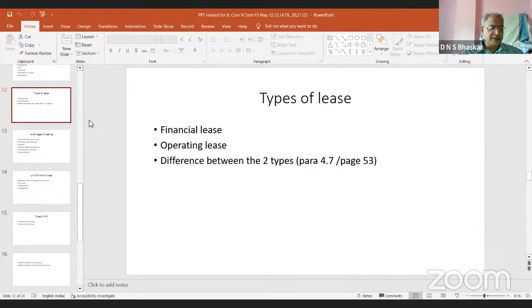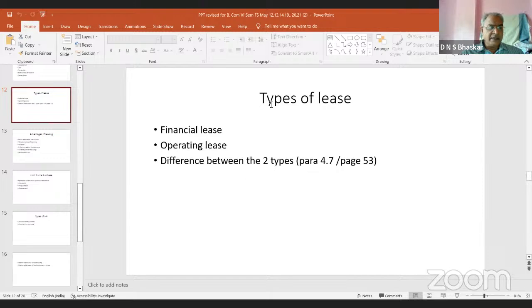Let us go with the two aspects on this. When we talk about the differences between financial lease and operating lease, in the case of financial lease, the option of ownership transfer at the end of the term is available to the lessee.